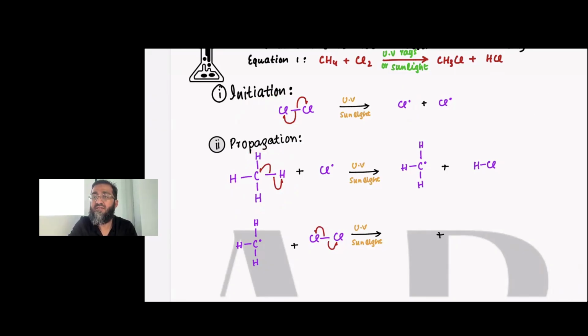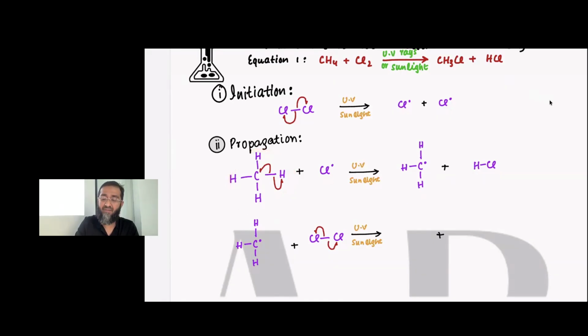So these propagation reactions occur randomly. For example, let's have a look. Initiation occurs and we get two chlorine radicals. Now, the first chlorine radical interacted with the organic compound, turning it into a radical and forming HCl.